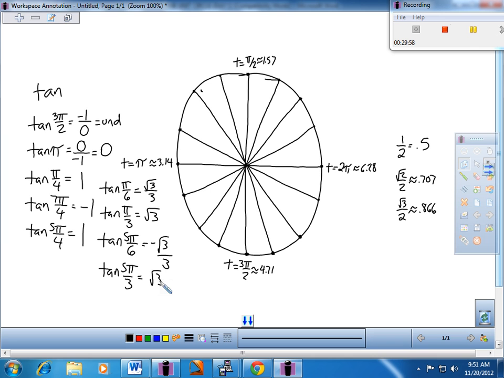If we're in the fourth quadrant, everybody, remember in the fourth quadrant, x is positive and y is negative. So when you divide those two, tangent has to be negative in the fourth quadrant. Okay, that's pretty good there. I hope that helps. Again, you're going to get some more practice on your own with tangent. But again, the root 3 over 3 goes with the 6. The root 3 goes with the 3.